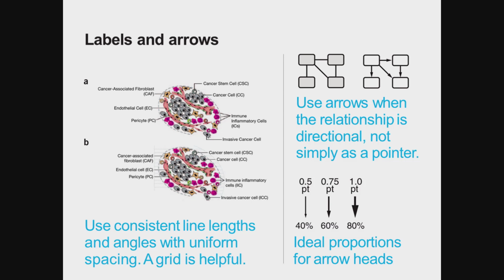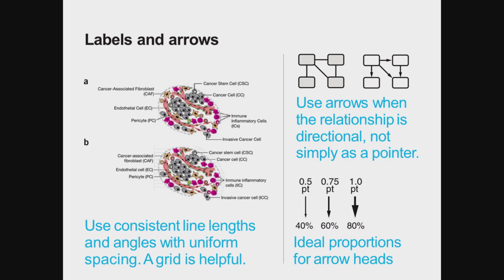Arrows should really only be used when the relationship is directional, not to point to something. Imagine the diagram on the left. If they all had arrows pointing to this, you might think that there's some kind of flow diagram or some sort of process happening. It's a common mistake, and you think it's small, but especially in a very complex process diagram, it is really confusing.